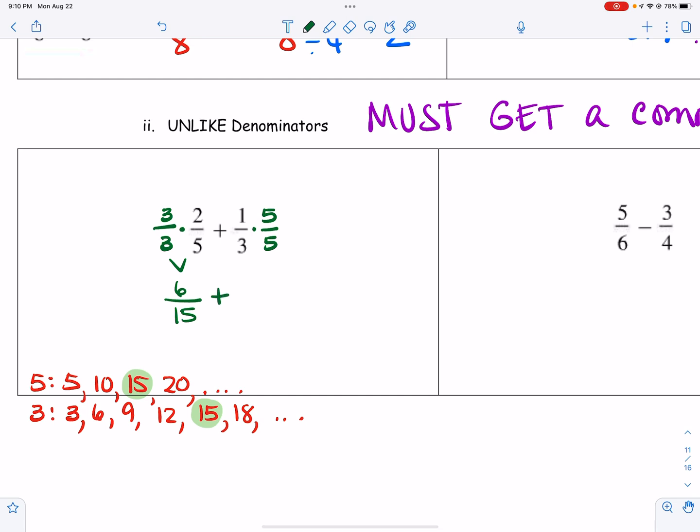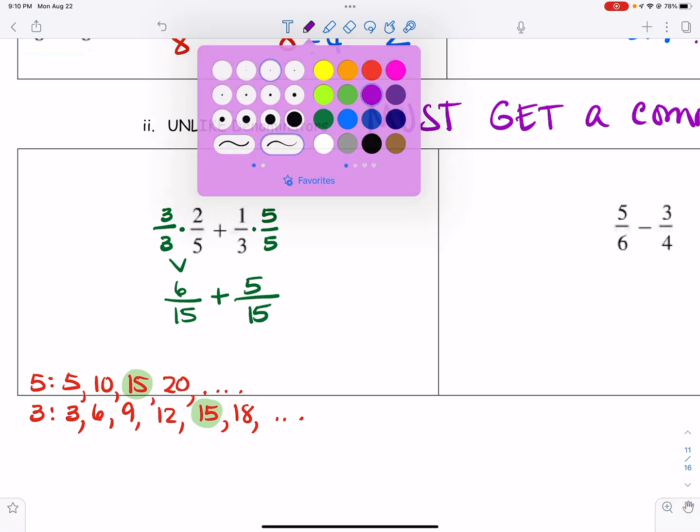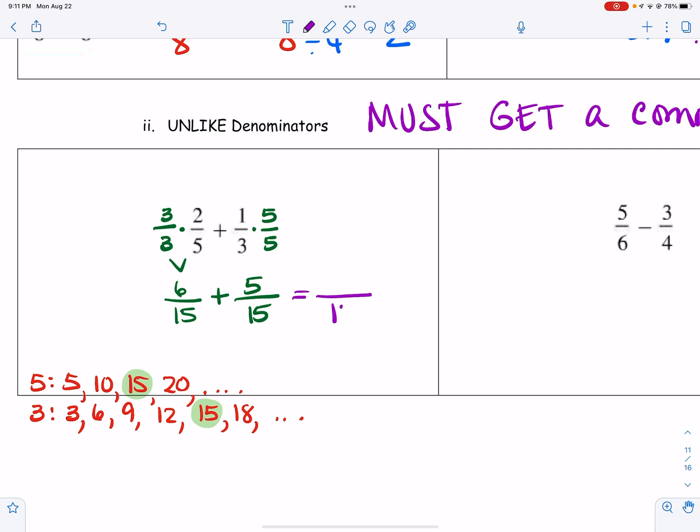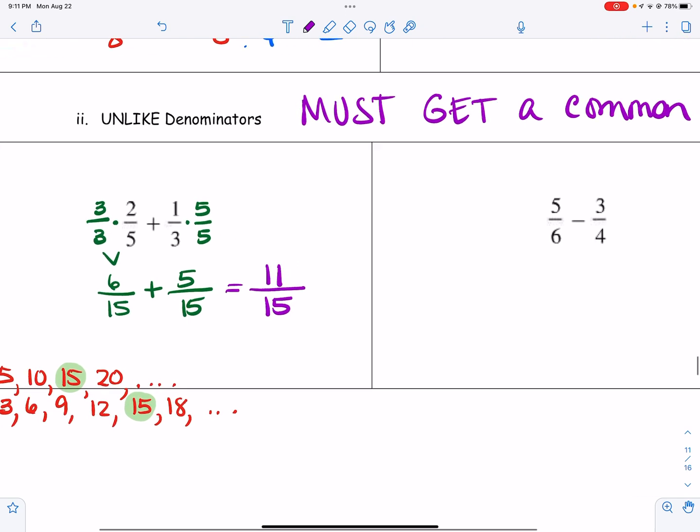So now I've got 1 times 5 is 5. 3 times 5 is 15. And now I'm ready to add. Write the denominator and add 6 plus 5. And so 2/5 plus 1/3 is equal to 11/15, okay?